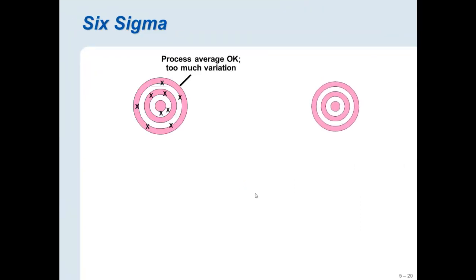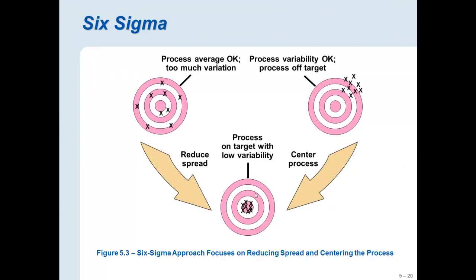In Six Sigma, not only do we focus on designing good quality, we also focus on conforming to the quality design. In Six Sigma, we would like to achieve two main important things.